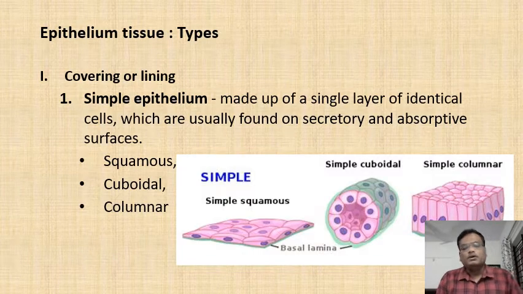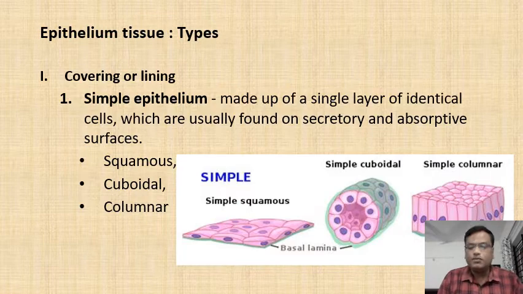Now, squamous epithelium is normally the one found as a covering, as a lining of organs, whereas cuboidal is more functional. Squamous epithelium's main function is only to form a layer of protection, whereas the cuboidal and columnar cells are found in secretory or absorptive surfaces. For example, you find cuboidal cells in glands.